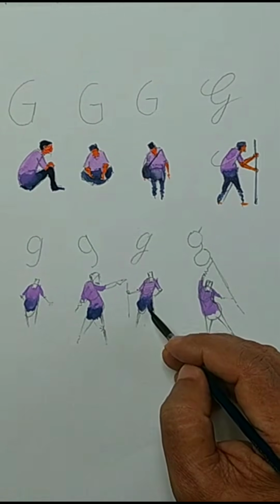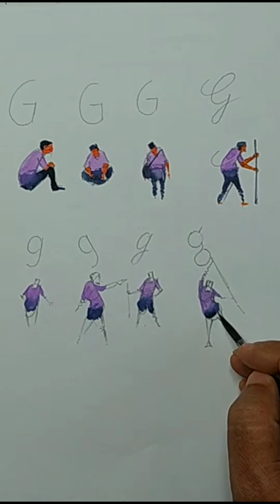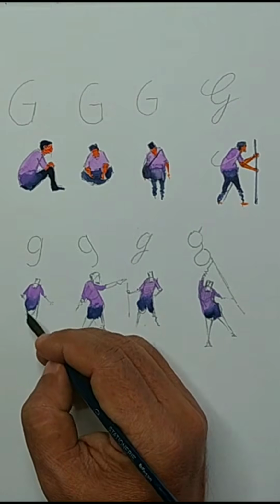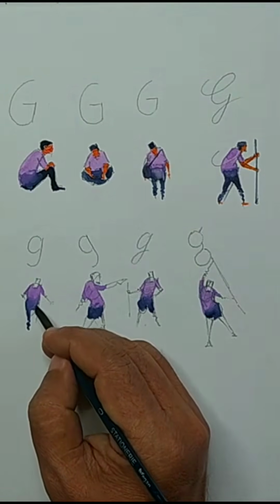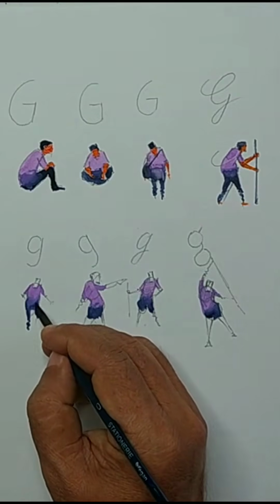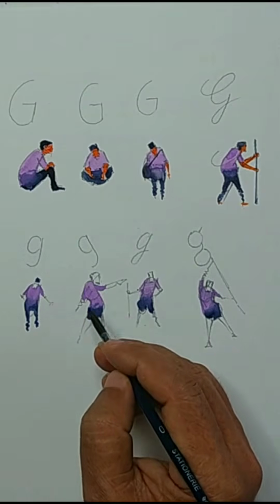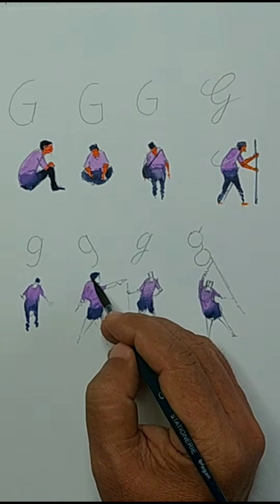Don't give up after 10 or 15 practices. Practice more. Initially, you may have to practice more, and then you can practice less. I mean, you will get more and more ideas, convincing ideas, and you will find it easy to paint in a convincing way. So practice is the key.